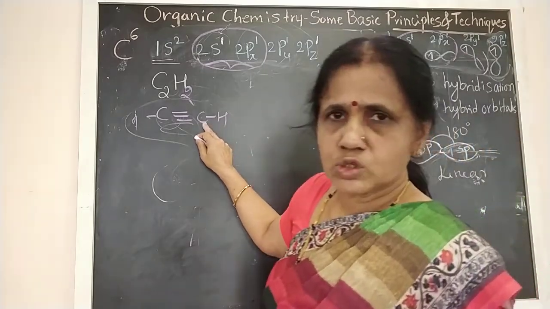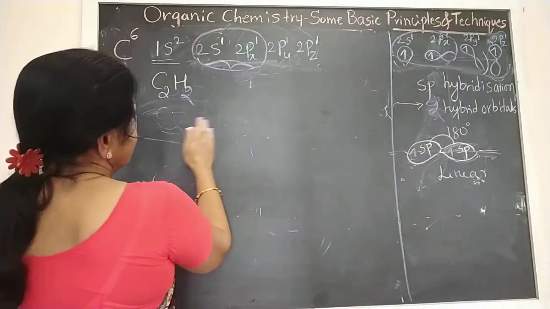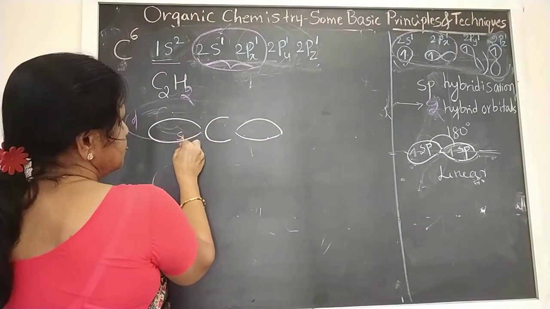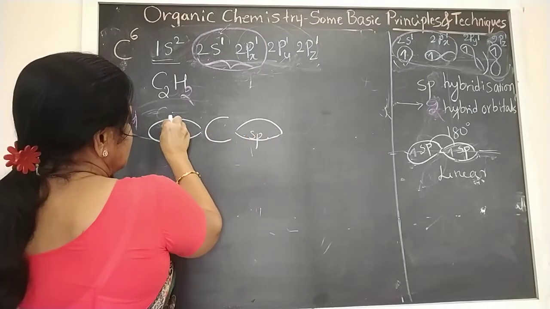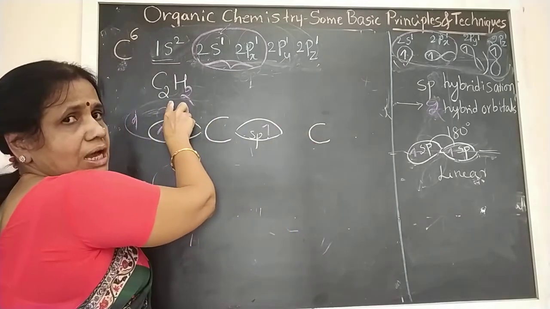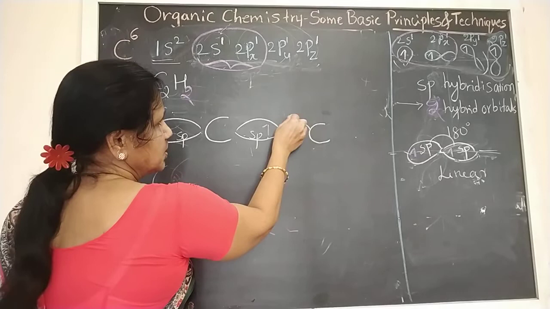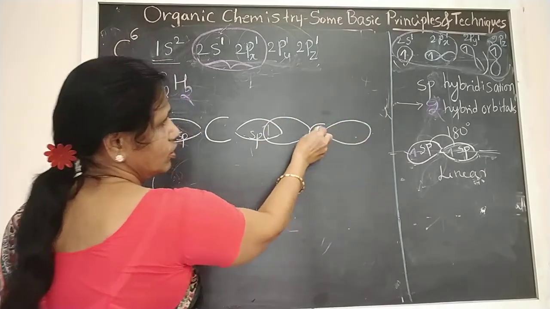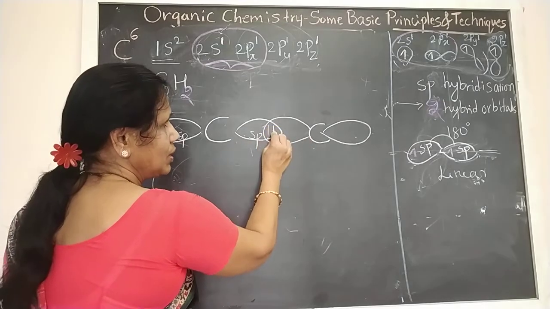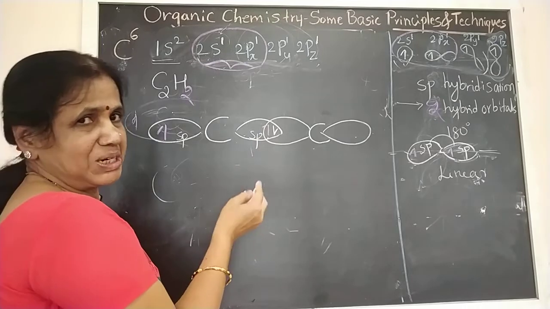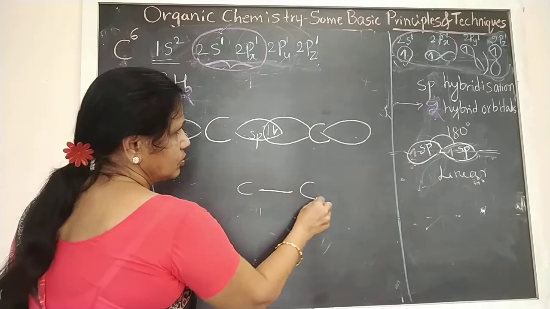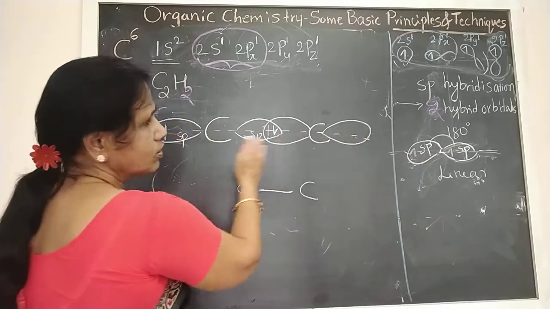But ethyne contains two carbons. So if you take one carbon, it has two sp hybrid orbitals containing single electrons, and the other carbon also contains two sp hybrid orbitals. One sp hybrid orbital of each carbon overlaps and the electrons present in those orbitals get paired. So it gives a sigma bond by axial overlapping along the axis.